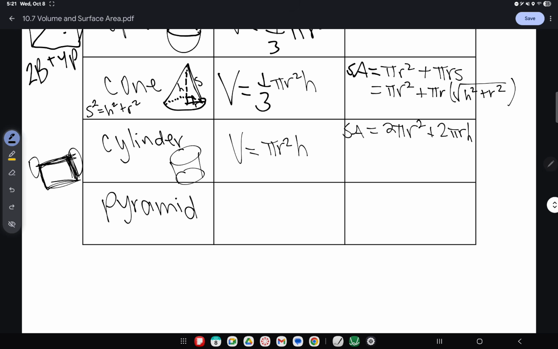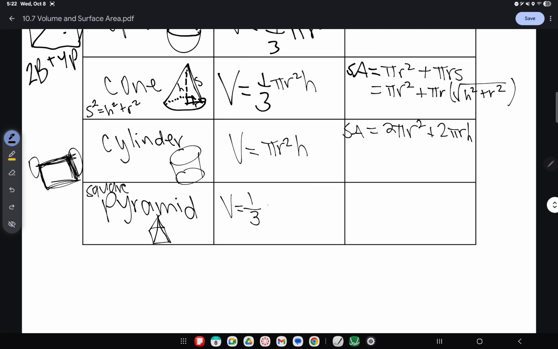And then for a pyramid, and I'll say a square pyramid, so the base is a square. The volume is 1/3 area of the base.